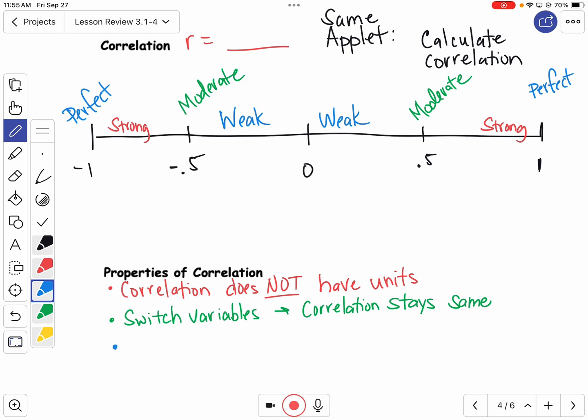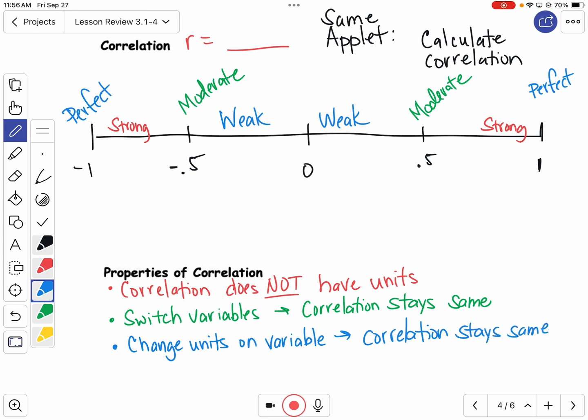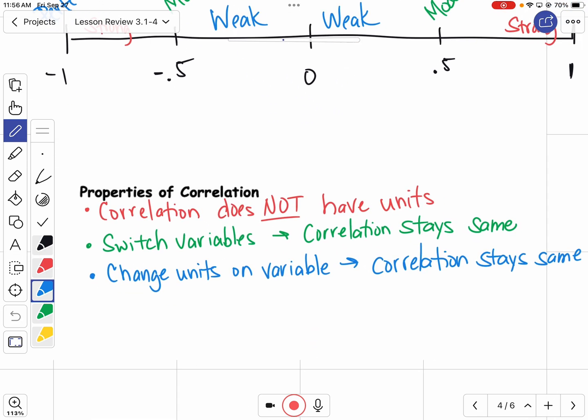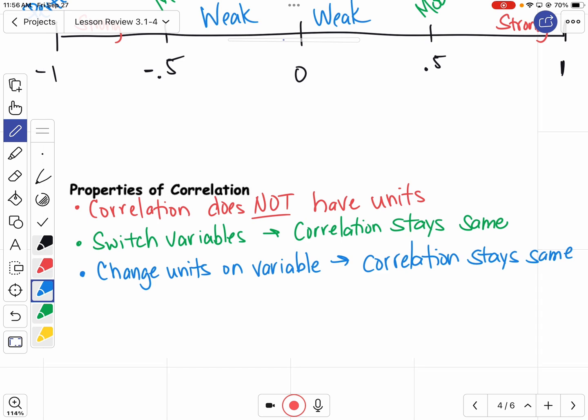And then the last thing we learned is that we can change units on a variable, and our correlation stays the same. Okay, so those were our properties.